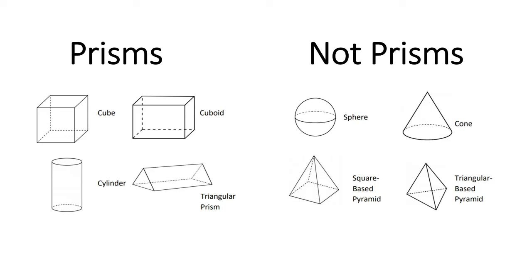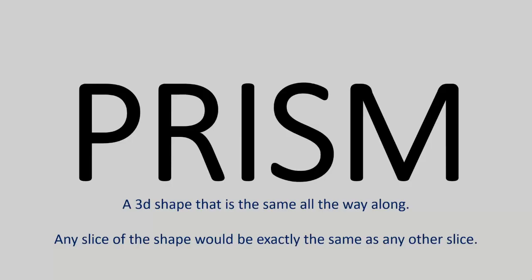We're going to get a much bigger square at the bottom. So they are not prisms, because while the slices would give us the same shape, they're not going to give us the same size shape. The point is that they have to be exactly the same sized slices. So a prism is a 3D shape that's the same all the way along, and any slice of the shape would be exactly the same as any other slice.